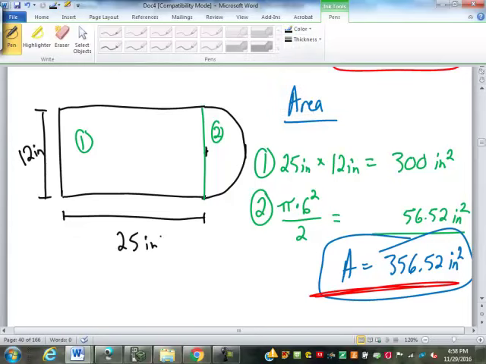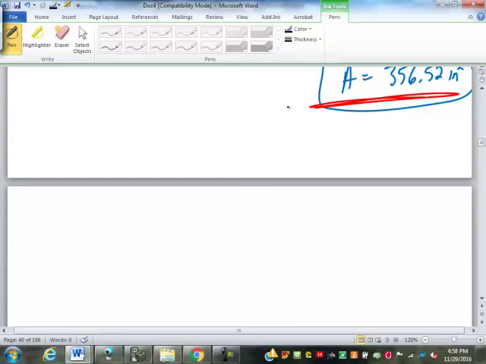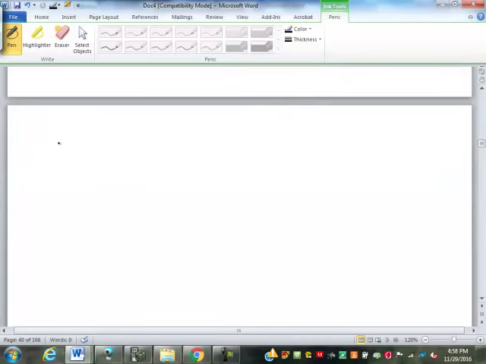The other side of that is we can run into things like this. Pretend that looks like a half circle.